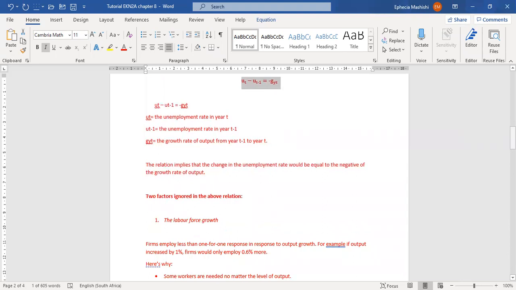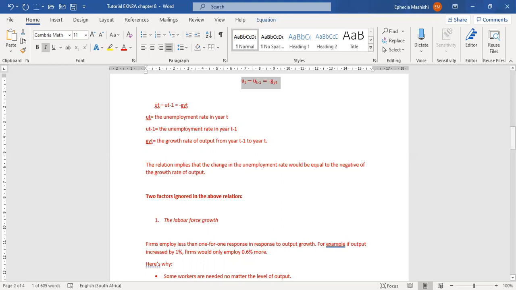The labor force growth. Firms employ less than one-on-one in response to output growth. Okay, so firms don't necessarily employ 6% more when there's a 6% increase in output, right? Here's why.